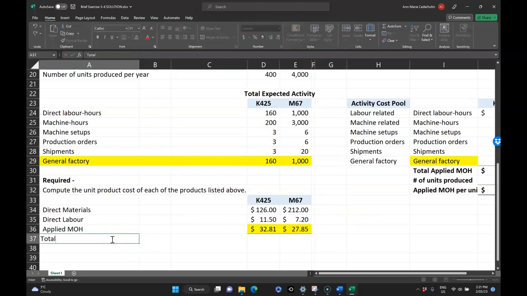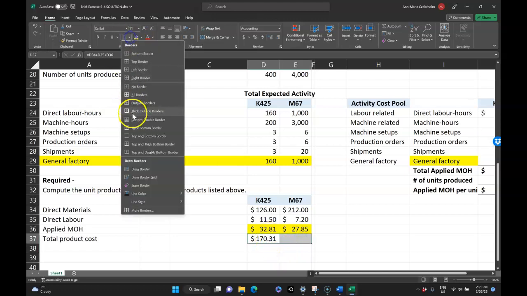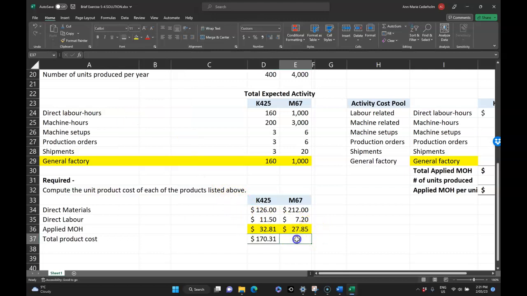Okay, so total product cost. Remember, total product cost is always direct materials plus direct labor plus applied manufacturing overhead. So I've got 170.31 per unit on K425.